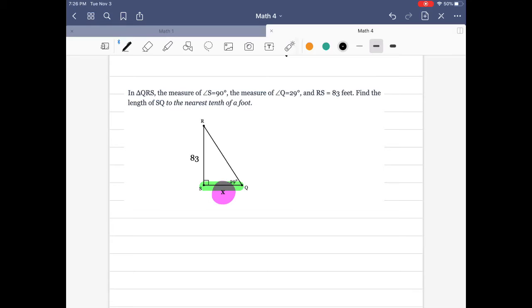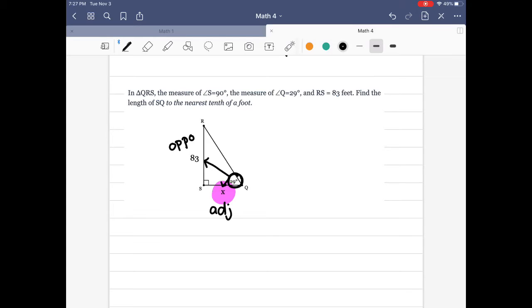Well, we're going to set up the trig ratio that corresponds to that piece of information. We're never ever going to use that right angle. We're always going to use the other given angle. So my other given angle in this problem is 29. From 29, we have an opposite side, and we have the adjacent side that we're trying to find, which is x.